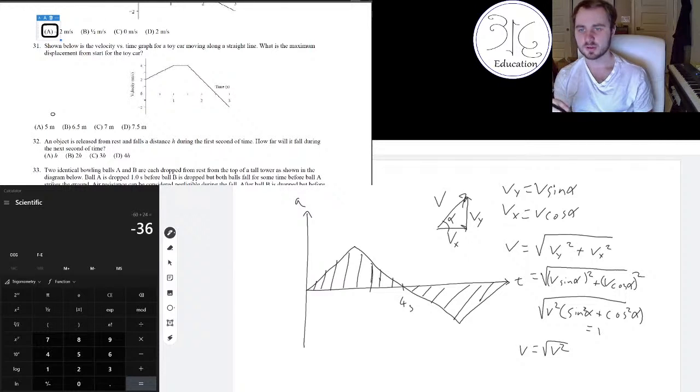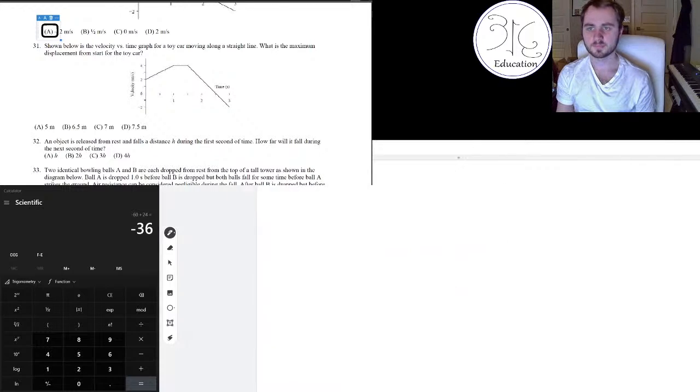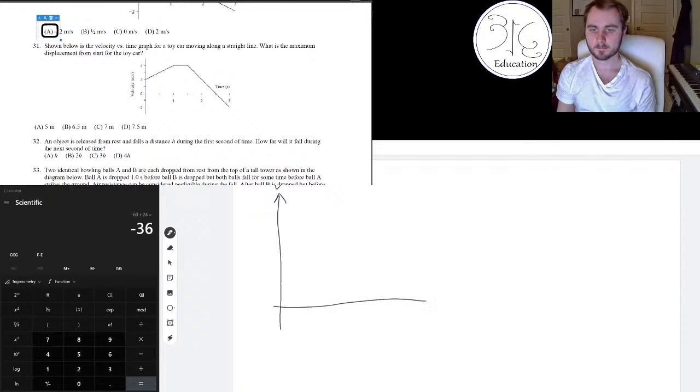Shown below is velocity versus time graph for a toy car moving along a straight line. What is the maximum displacement for the toy car? That's going to be the area under the curve. Let's draw this and add this up. Here's our v, there's our t.